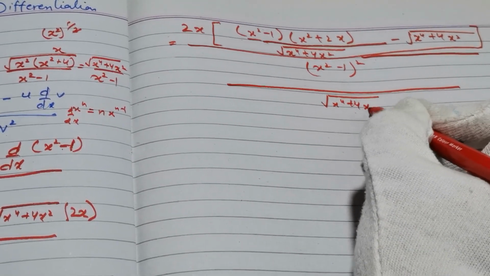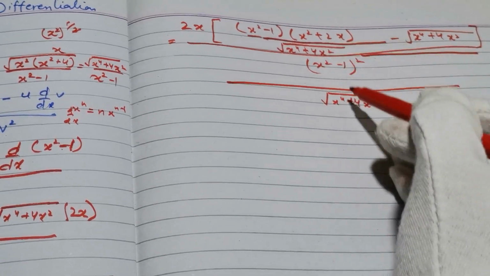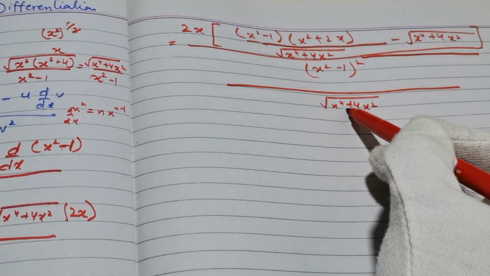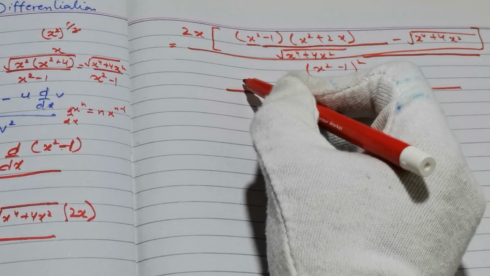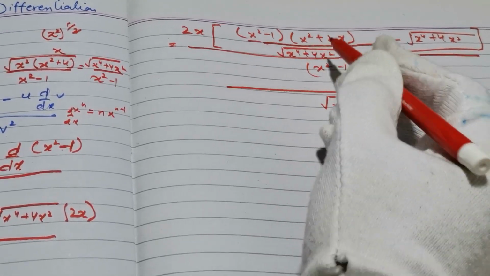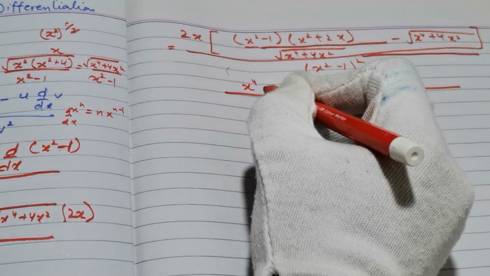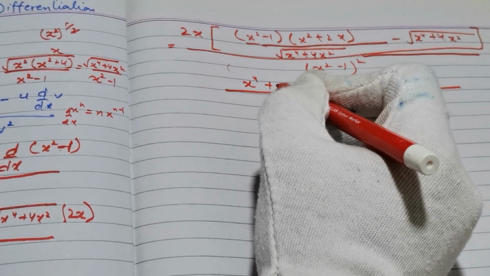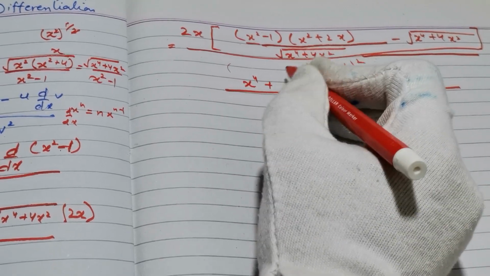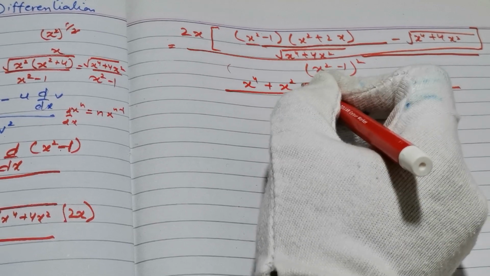x4 plus 4x square, denominator is divided by denominator, what we will get? 1. So this term as it is, so we multiply, what we will get? x4 plus 2x square minus x square becomes x square.